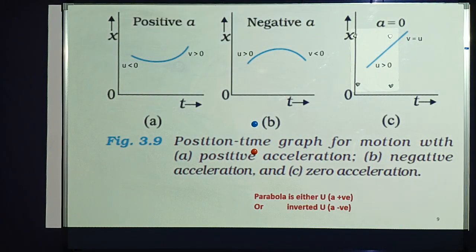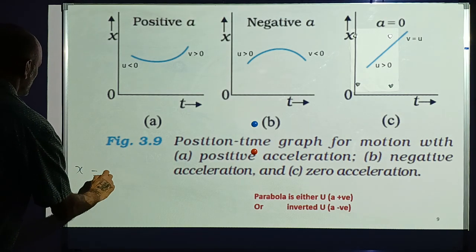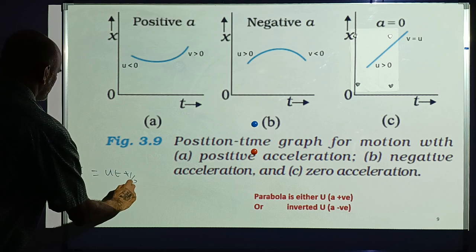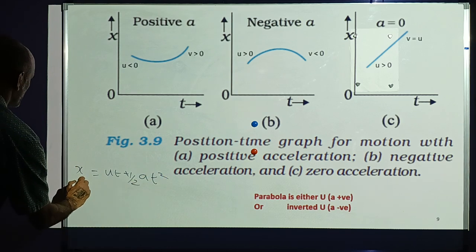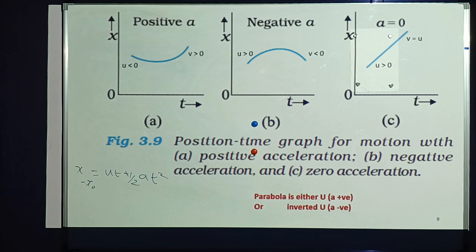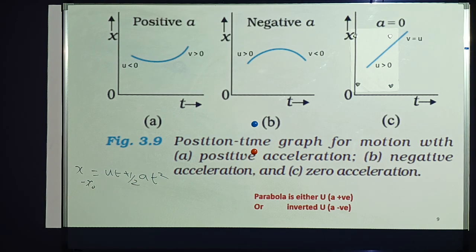So here in the first one, the displacement is changing as a function of time. If you see the equation of motion, x minus x naught equal to ut plus half at square, where x minus x naught is the displacement. At time t equal to 0, the position is x naught. So this is a parabola with respect to time.